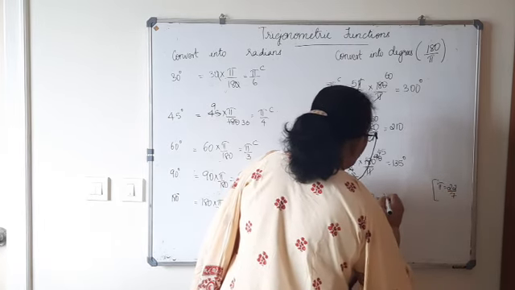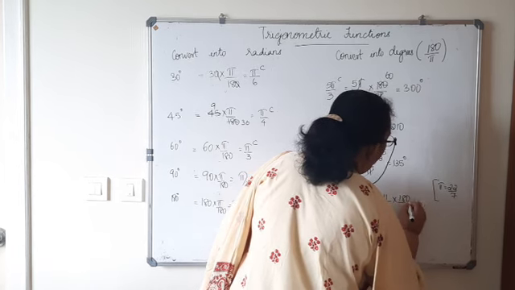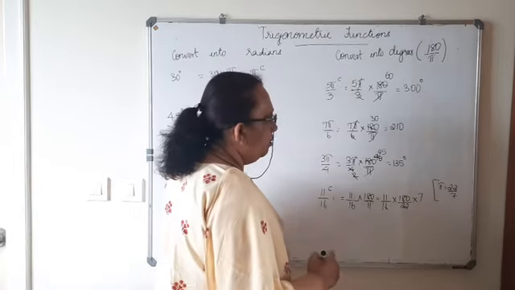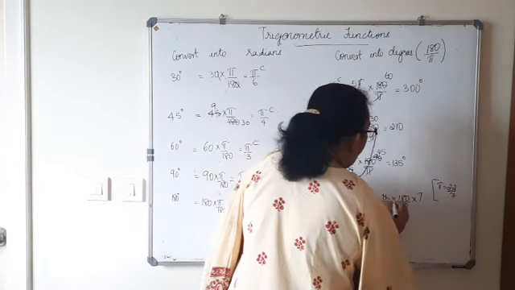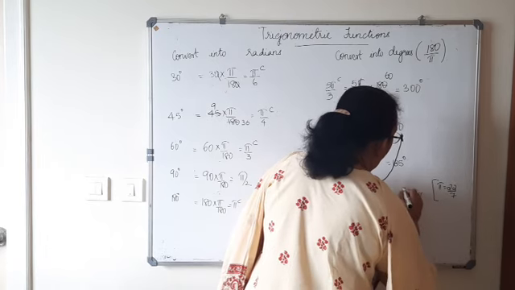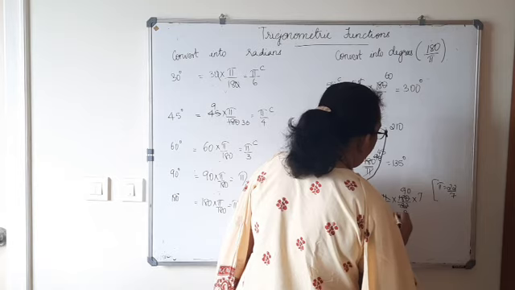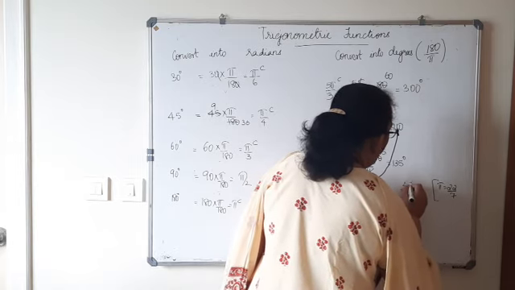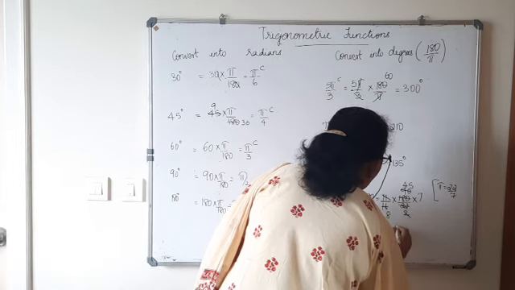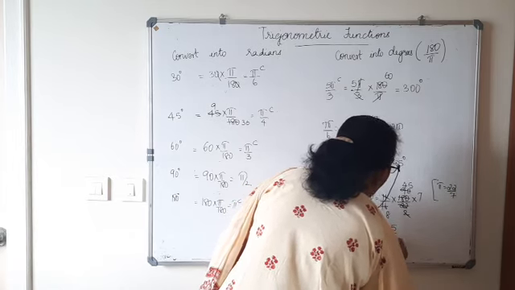So it is 11 by 16 into 180 by 22 by 7, which means this 7 goes to the numerator. 11 will go 2 times, 2 will go 90 times, 2 8s are 16, 2 will go 45. So 7 5s are 35, 315 divided by 8.